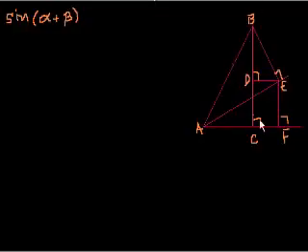So let's go back to this diagram, and let me pick a better color. Let's say that this is angle alpha, and that this is angle beta. All right? Then this whole angle right here is angle alpha plus beta, right? So we want to figure out the sine of alpha plus beta. Well, the sine of this whole angle is opposite over hypotenuse.